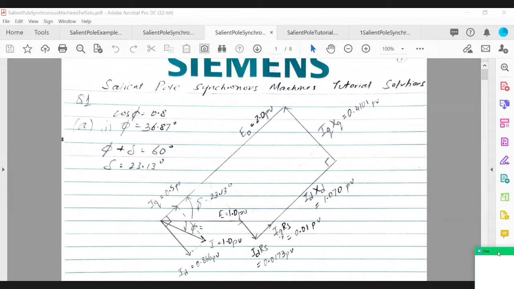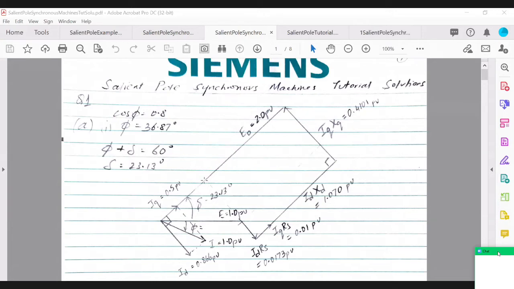Okay, so I've basically dropped a perpendicular here from this point here, perpendicular with respect to IDRS. Okay, so to get E naught, now you need this phasor here, this part.